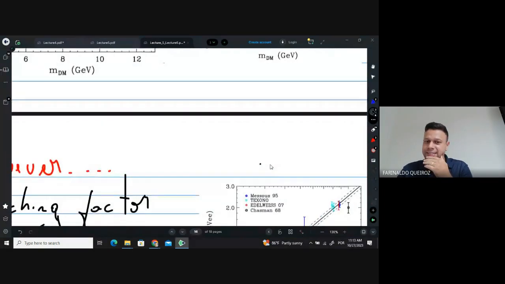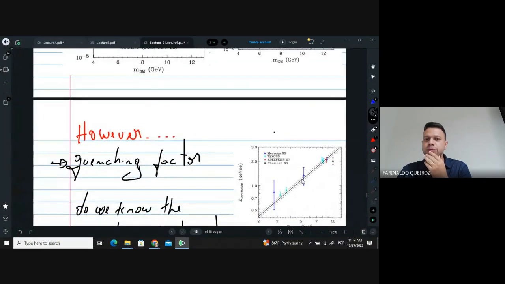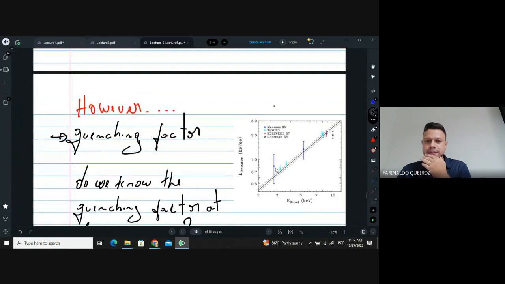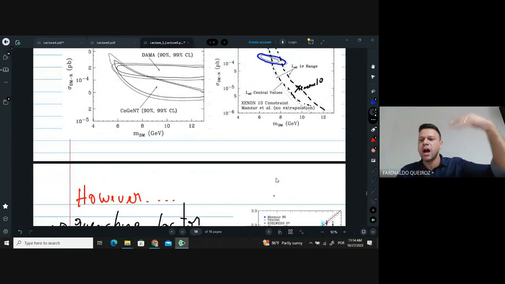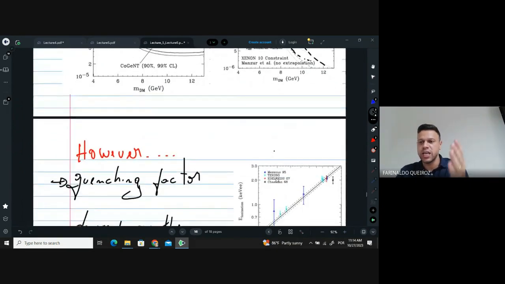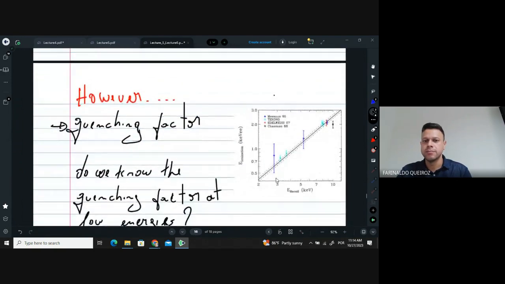And at the end of the day, there's a third lesson. This is really related to, experimentally speaking, how well you know the luminosity, or for instance the energy, how well you can discriminate whether you saw a signal or not. And the other one is called the quenching factor.